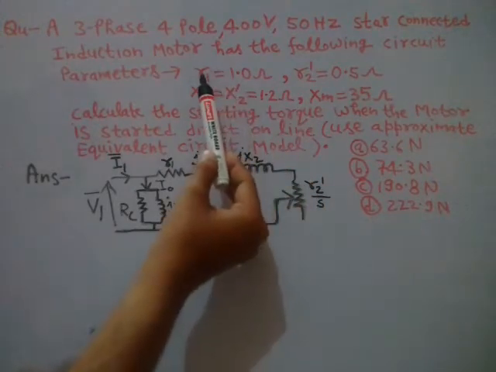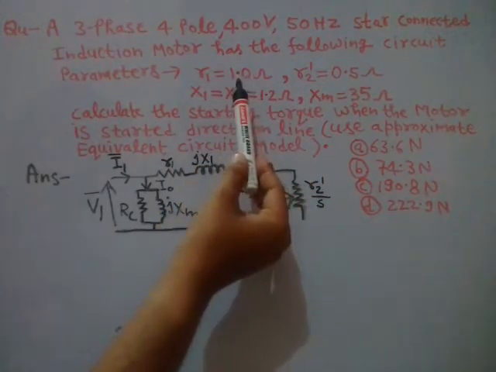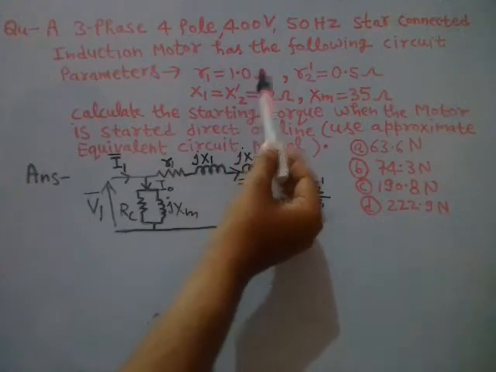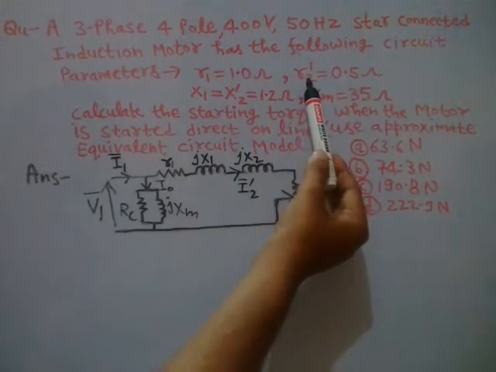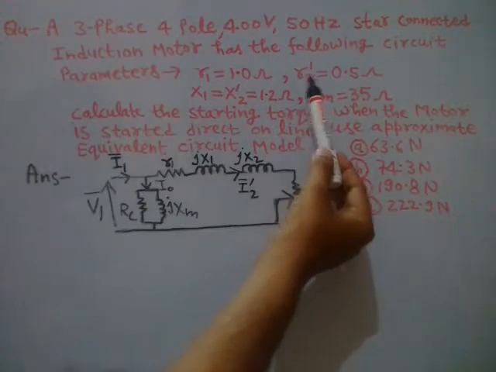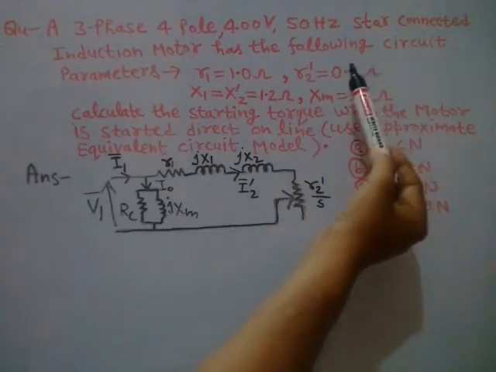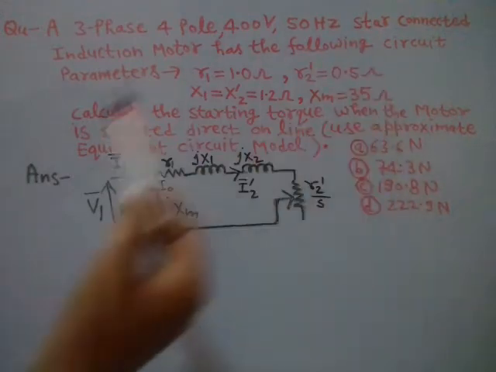The stator winding resistance R1 is given as 1 ohm. Rotor resistance referred to stator side, that is R2 dash, is given as 0.5 ohm.